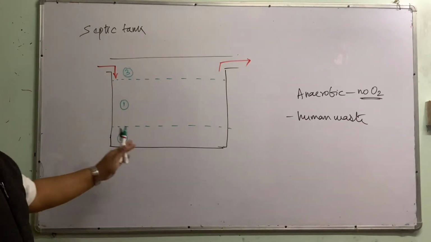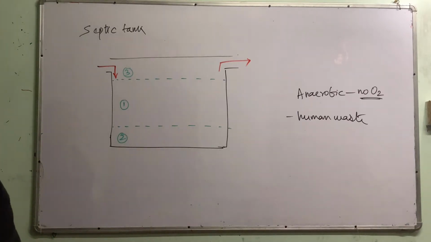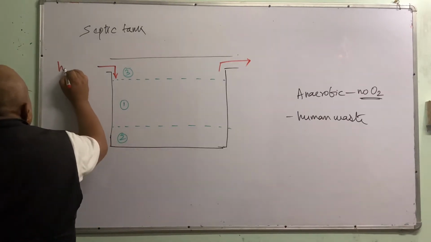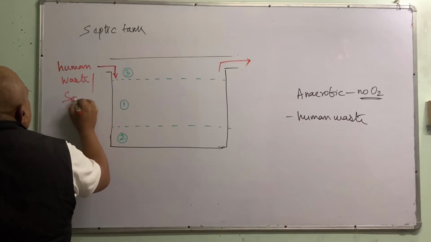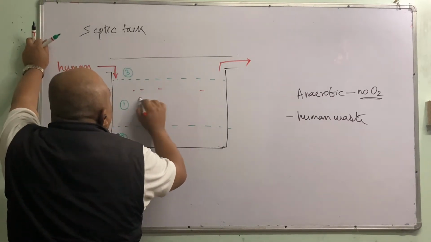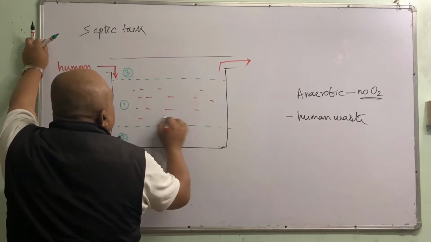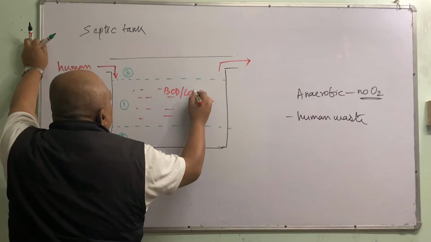How it looks inside with different partitions is a different issue. The moment the human waste comes in, or we sometimes call it soils, also night soils, all these human soils are nothing but the BOD or the COD.